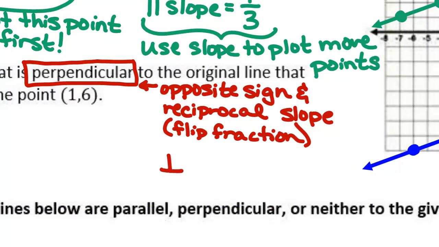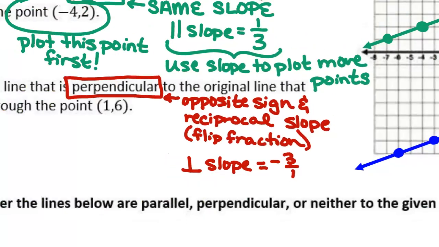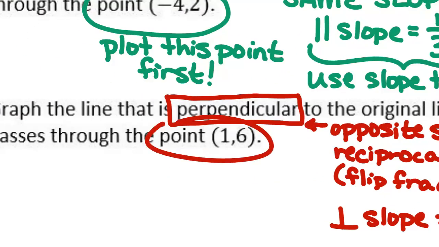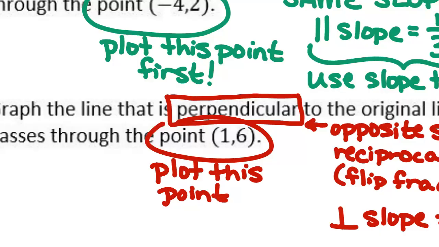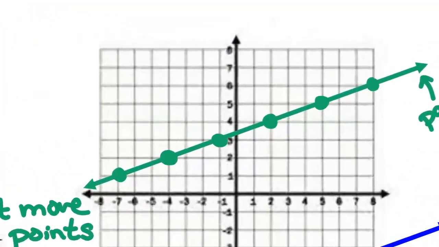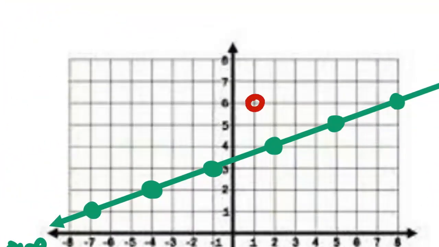So what would my perpendicular slope be then? -3/1. We're going to plot this point first. So 1, 6 is right here.